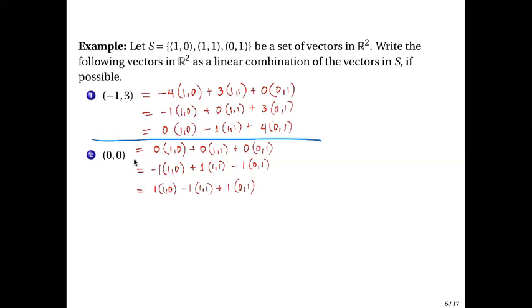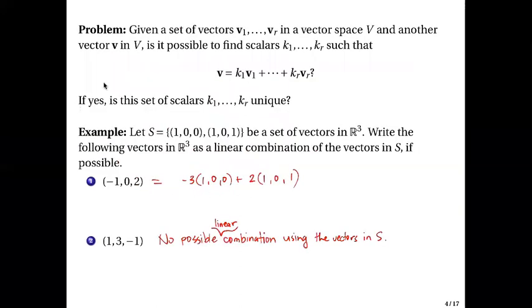And this will also give us (0, 0). So yeah, okay. So there are 3 possible linear combinations for this guy, but I must tell you there will be infinitely many of them. There are many more. So now we have answered 3 possible scenarios for this question.